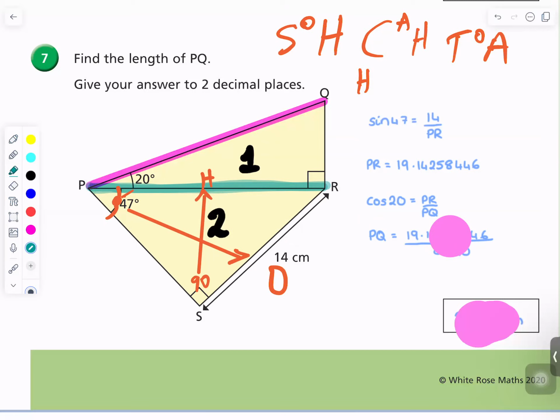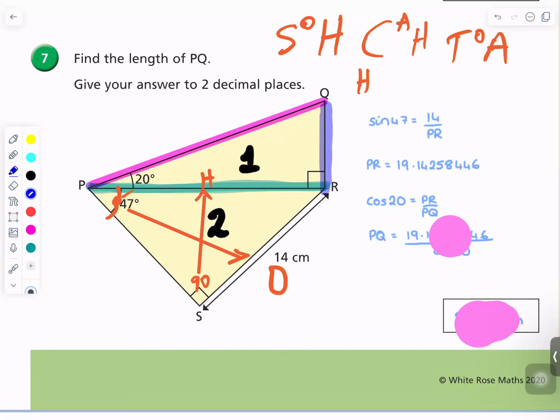So we need to find one of the sides so that at least we know something about it to help us. So that's why we want to find that. And that is the only part that joins with triangle number 2. QR, the blue one, does not join with triangle number 2 where we can use it easily. So we find that H.